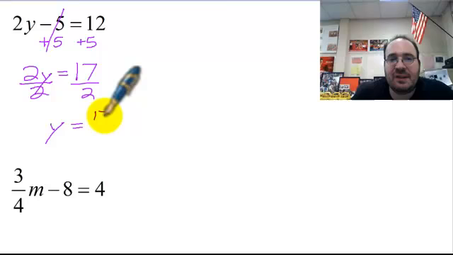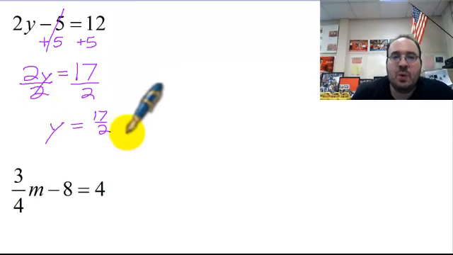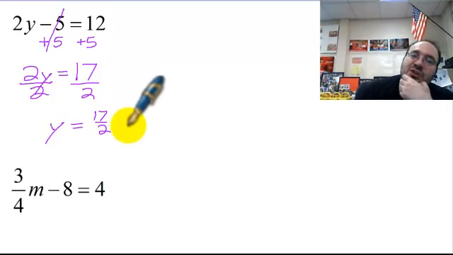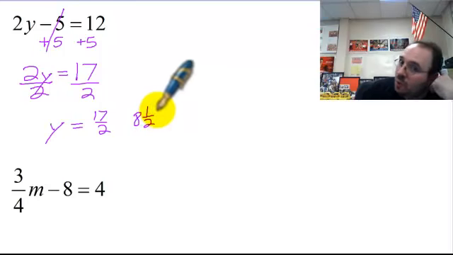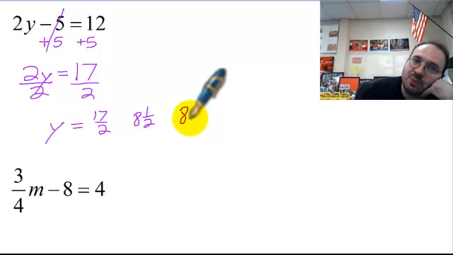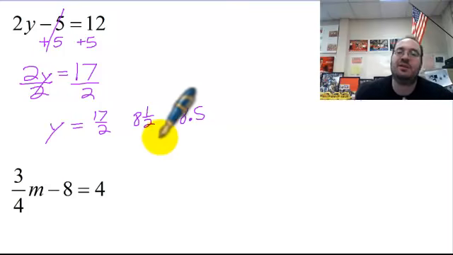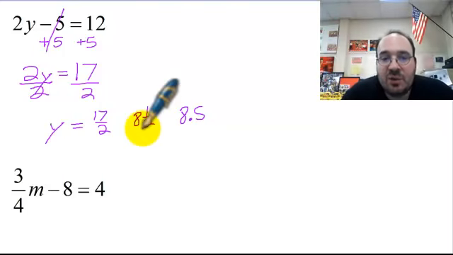You can actually leave it as 17 halves. Or 2 goes into 17 8 times with 1 left over. So it's 8 1/2. Or you could even write it as 8.5. Any of those things are acceptable.